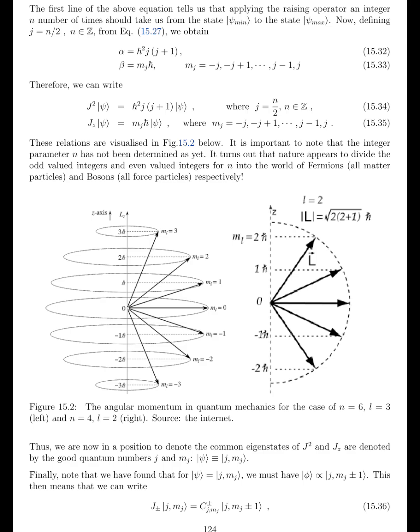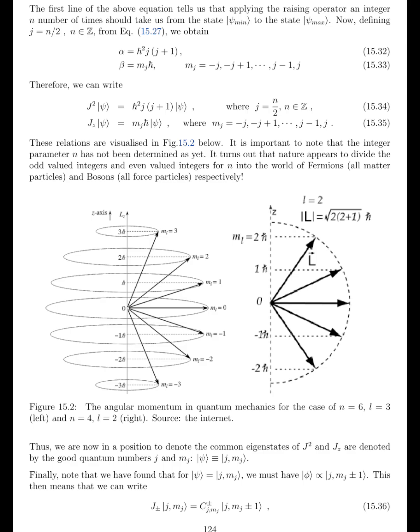Okay, so the last thing I want to do is the following. You remember, all of this came out from the fact that these elevator operators, raising and lowering, when they acted on some angular momentum state, took me to another angular momentum state. So this new state phi should be proportional to an angular momentum eigenstate.